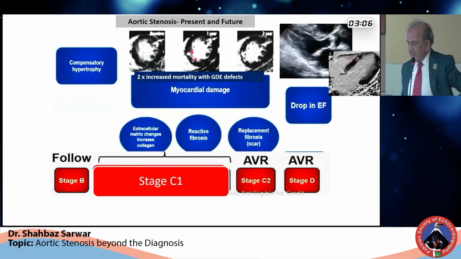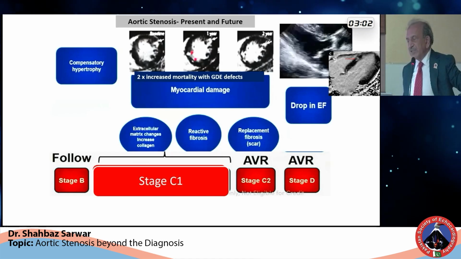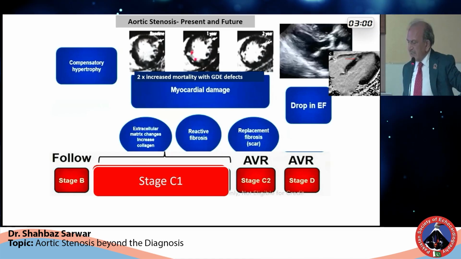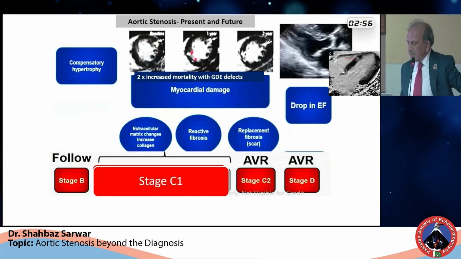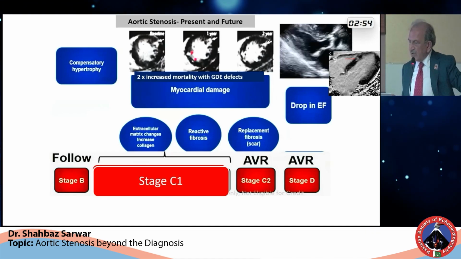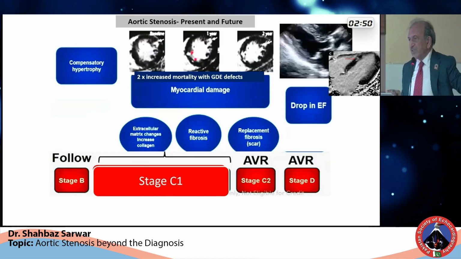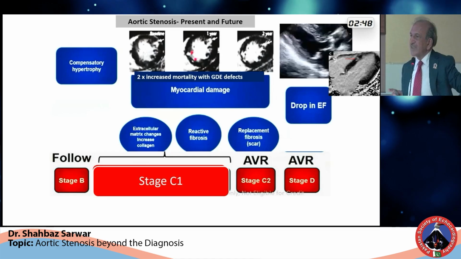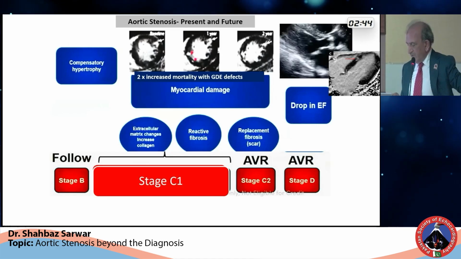CMR is going to pick up reactive fibrosis or replacement fibrosis, whether that has set in or not. If replacement fibrosis has set in, there's a scar. So these patients should be picked very, very early, because if the scar is formed, that is irreversible even after AVR or TAVR.